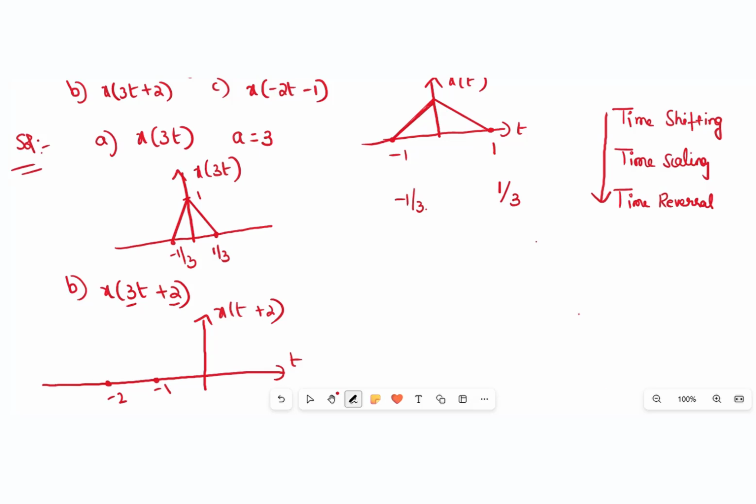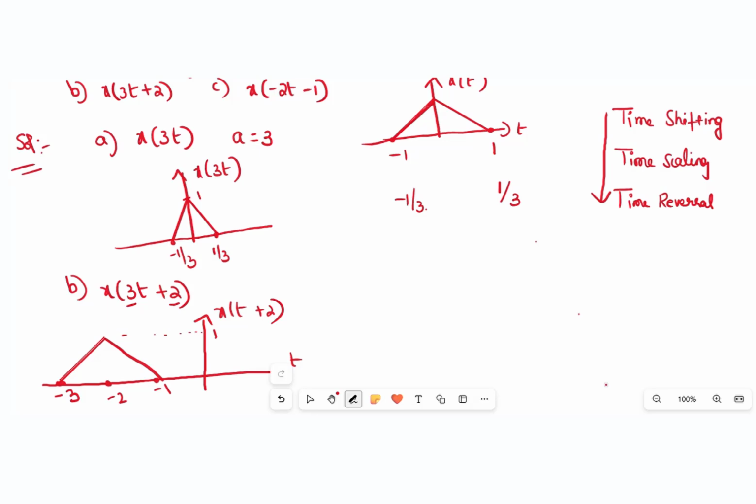So when you shift it, 0 becomes minus 2. Then you must require this minus 3 and the amplitude is 1. So simply this is the waveform. This is x of t plus 2.